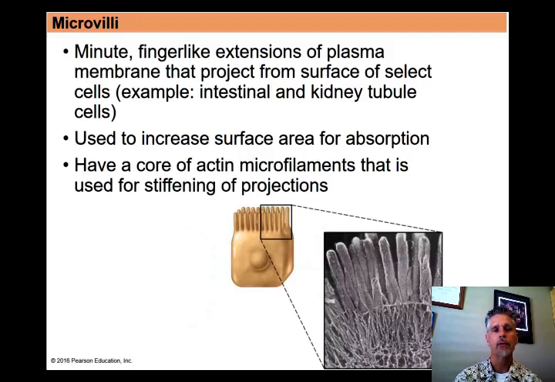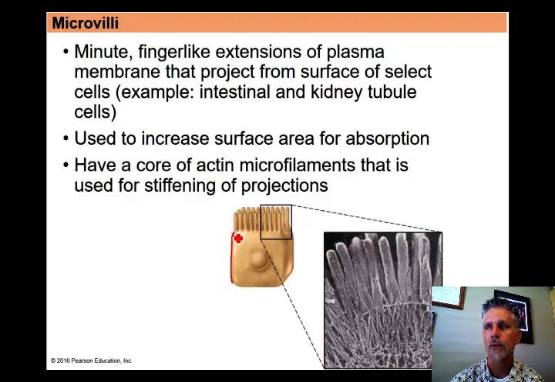We also have microvilli. Now microvilli will also have proteins inside of it, microfilaments inside of it, but these are not for moving, they're more for increasing surface area. So we see them a lot in the digestive system, the urinary system. And so if we look at the surface area of this cell, and we look at this side along the edge, you can see that you're only going to get that much area.